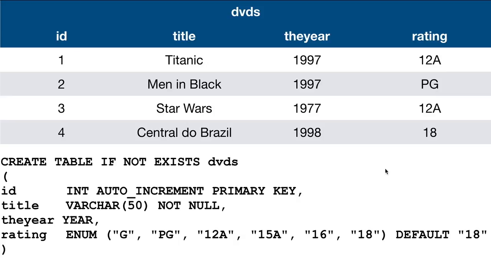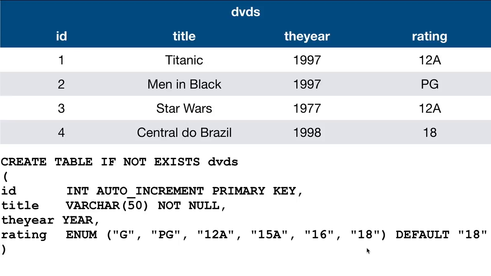So if we look here, I looked up the ratings in Ireland, and you can only have a G, a PG, a 12A, a 15A, a 16A, 16 or an 18. So that's 1, 2, 3, 4, 5, 6 possible values. So actually it turns out if you've only got 6 possible values, well then this can be stored internally in the system using just 3 bits actually.